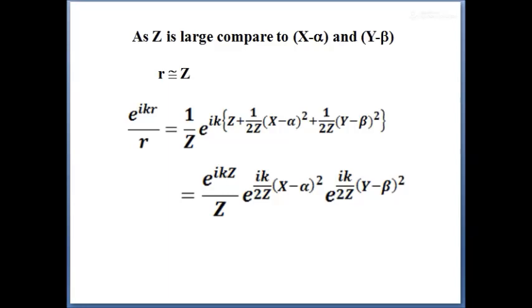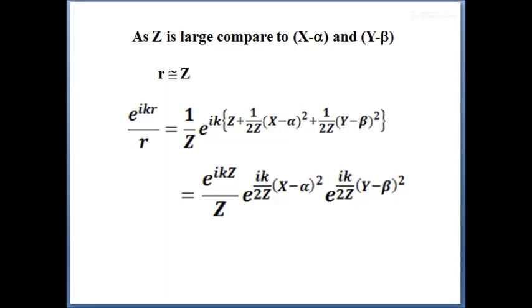Now the value of e to the power ikr by r will be 1 by z e to the power ik within the bracket (z plus 1 by twice z (x minus alpha) square plus 1 by twice z (y minus beta) square). Okay, and put e to the power ikz outside, so it will be e to the power ikz by z, e to the power ik by twice z (x minus alpha) square, e to the power ik by twice z (y minus beta) square.